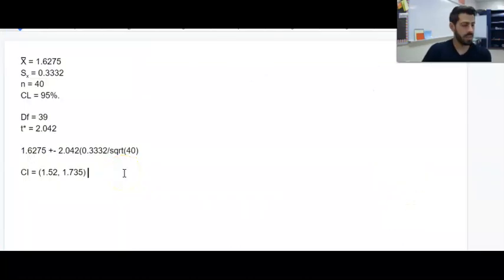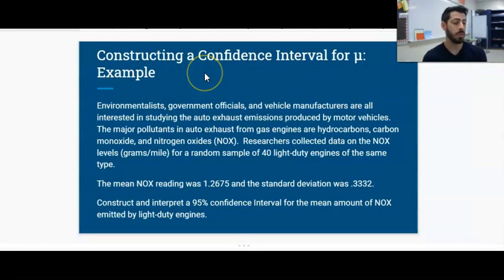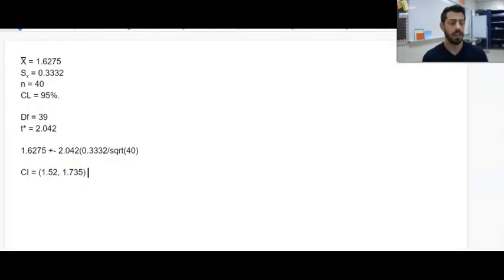And there we go. There is the 95% confidence interval. We are 95% confident that the true mean NOx level for the trucks is between 1.52 and 1.735 grams per mile, and that's calculating a confidence interval.